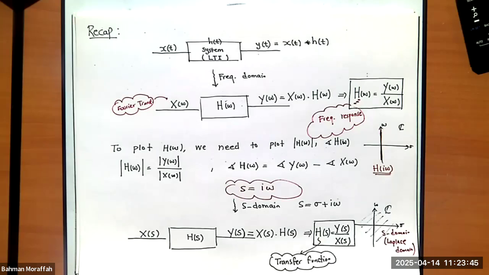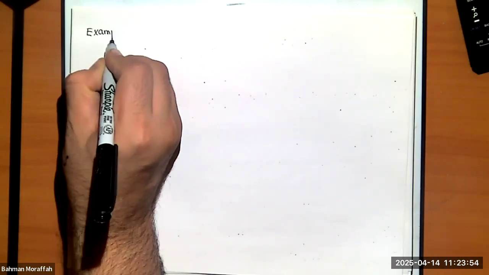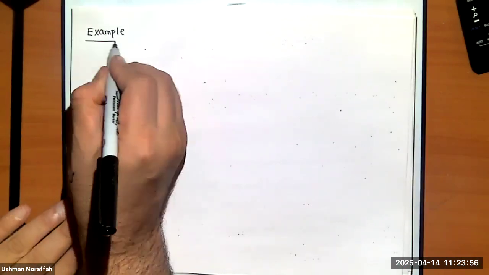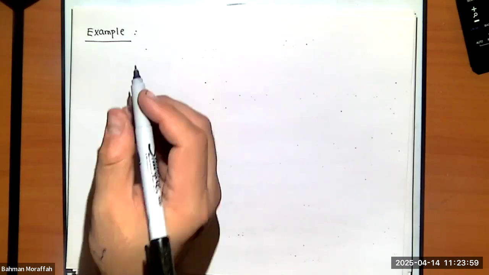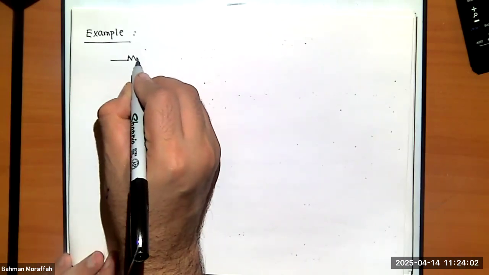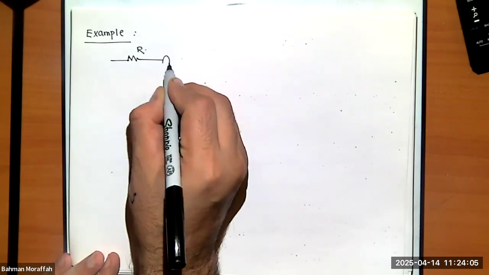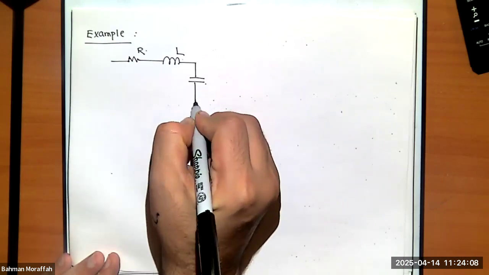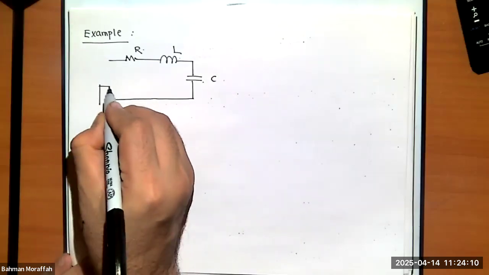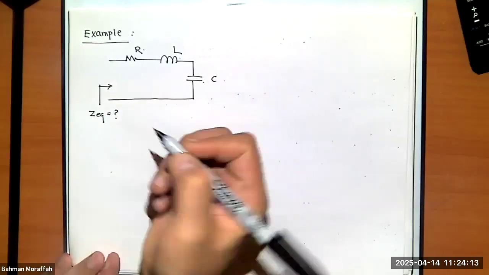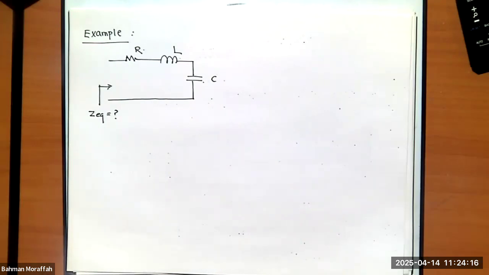Let's do a quick example and try to find this transfer function. Let's just say I am given this circuit: R, L, and C. The question is, what is Z of omega? Z is nothing but the frequency response.